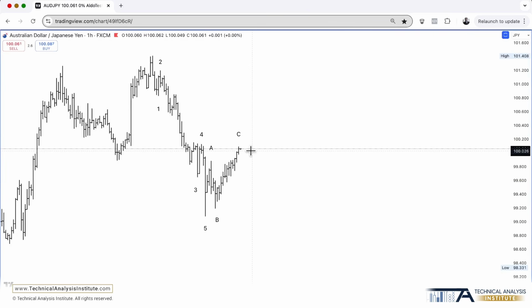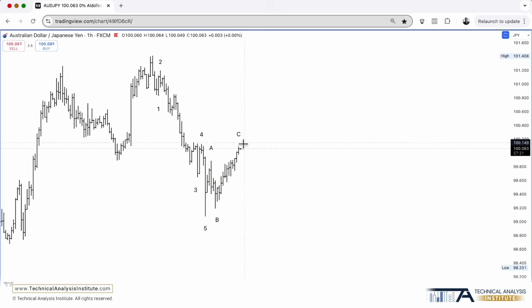And I told you that all these structures follow specific guidelines and specific rules. Typically, wave C's in a zigzag travel approximately the same distance as wave A. So all we have to do is measure wave A by using this Fibonacci tool, and we project it from wave B, and we see that wave C appears to be exactly at the 100% level of equality.